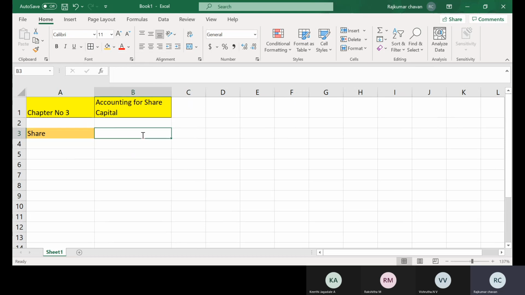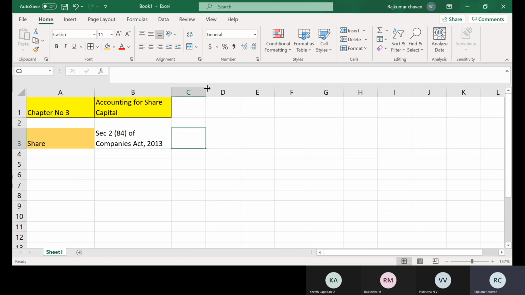Remember there is one section, section 2, subsection 84 of the Companies Act 2013, which defines the share. What is share?